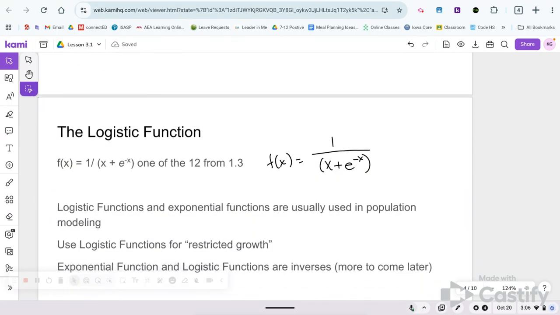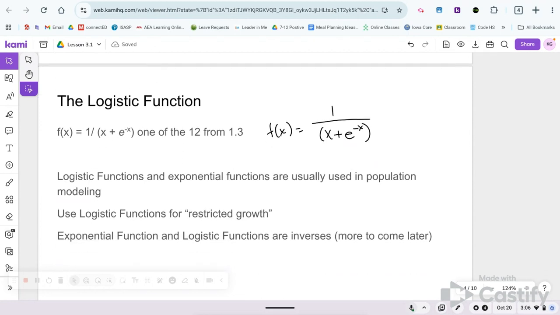I've rewritten the logistic function here, so we're talking f of x equals 1 divided by 1 plus e to the negative x power. When we use this for logistic functions, we're going to use it for something that's restricted growth. So when we're talking about restricted growth, we're talking about something that's still growing but really has limitations on it. So think about New York City.